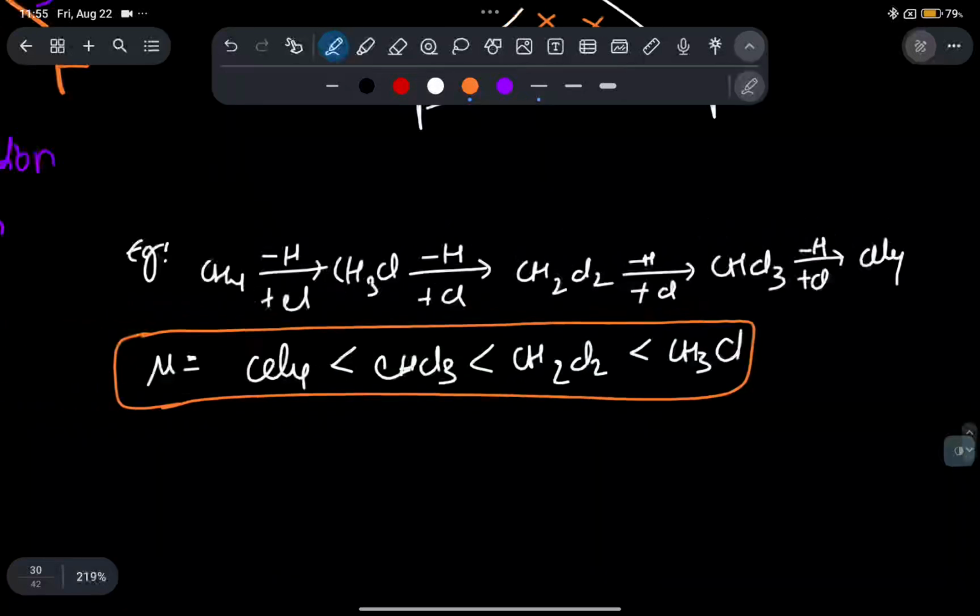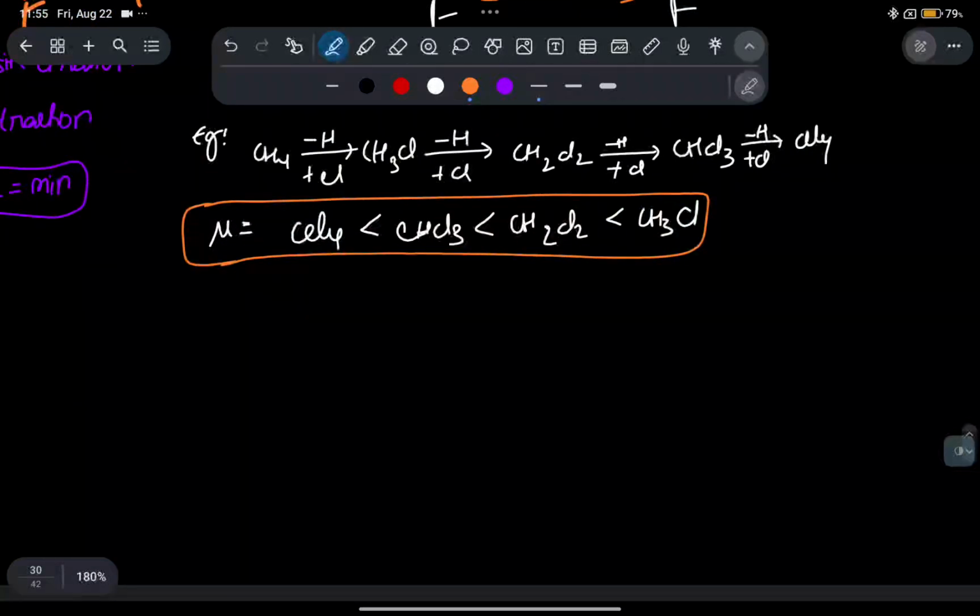By the directions only you can consider the dipole moment.